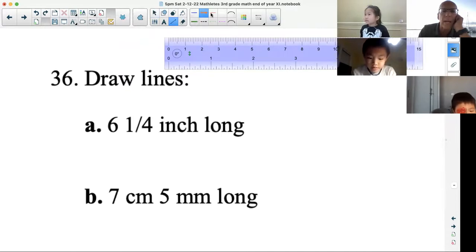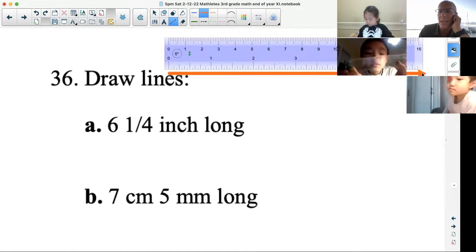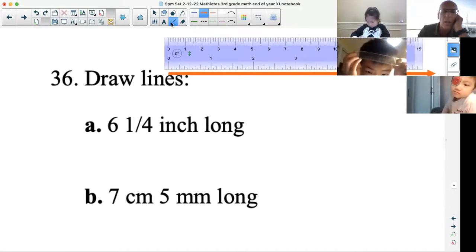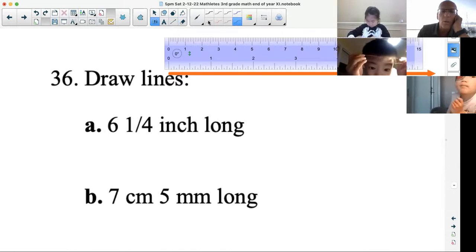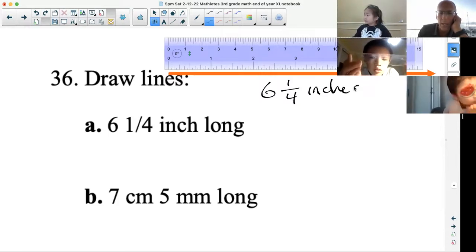The first thing I'm going to have to do is go 1, 2, 3, 4, 5, 6. And then I'm going to have to extend it another quarter. So that has a length of 6 1/4 inches.